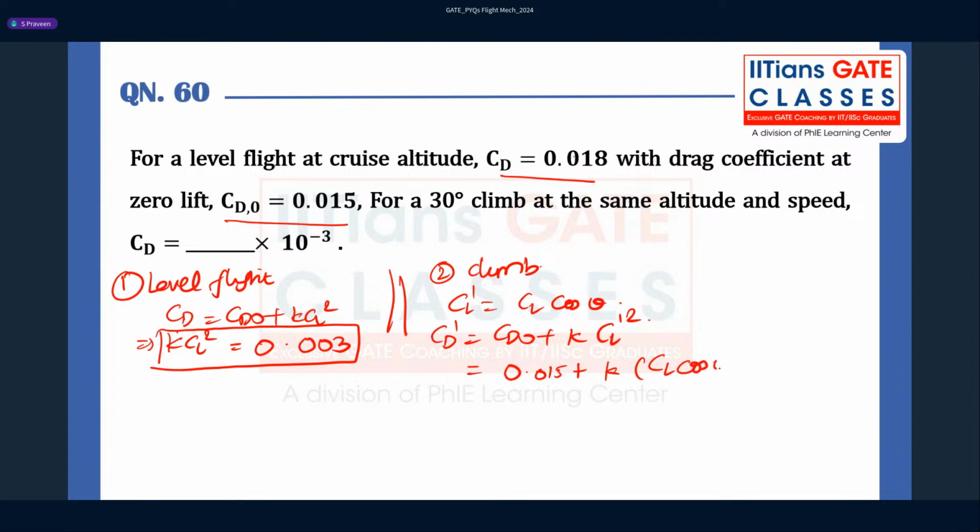CL cos theta to the whole square. So I'll have 0.015 plus K CL square cos square theta. So K CL square can be used in here 0.003 and cos theta is 30-degree climb. So if you substitute that, you will get a value as 0.01725 because they asked it in 10 power minus 3, so just move the decimal back 1, 2, 3. So it is 17.25.